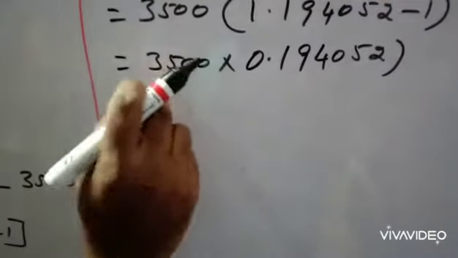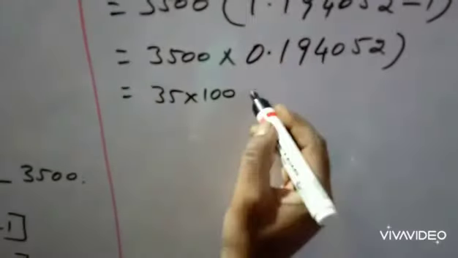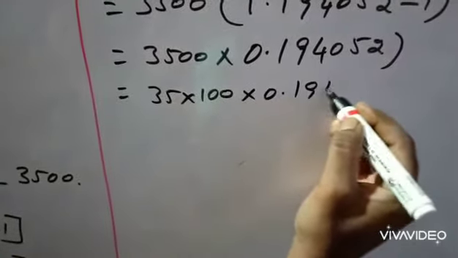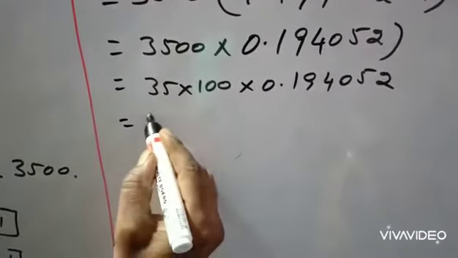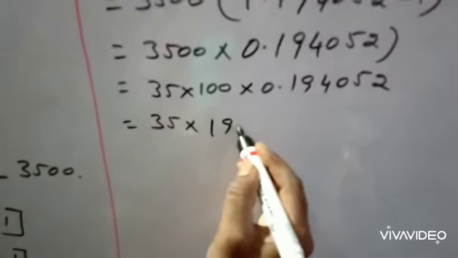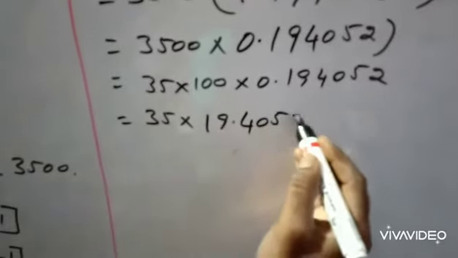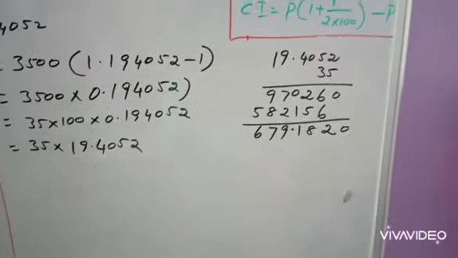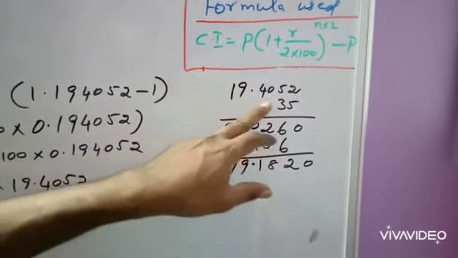So we can divide 3500 by 100 and multiply this into 0.194052. So this we can multiply, so we get 35 into 19.4052, where the point will adjust. This is the calculation: 19.4052 into 35.